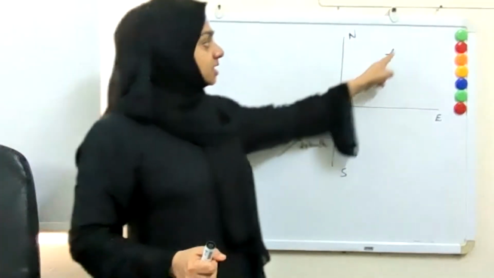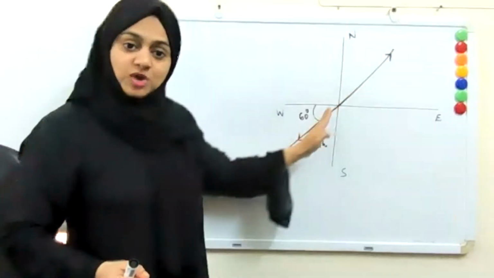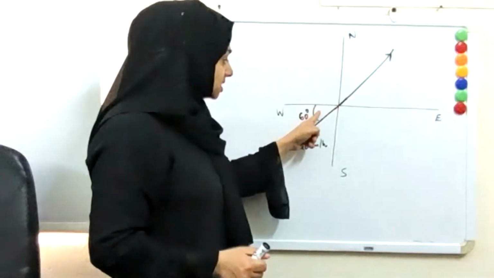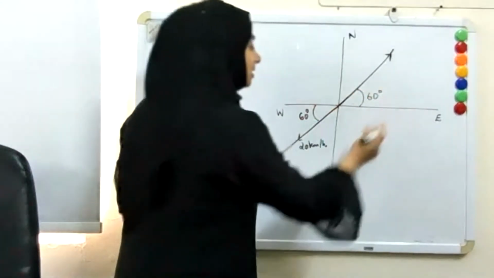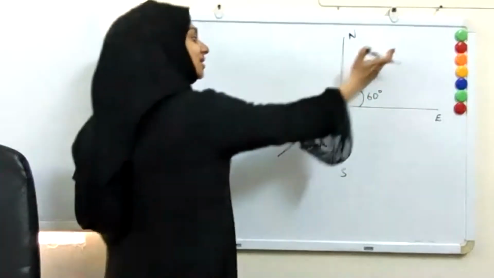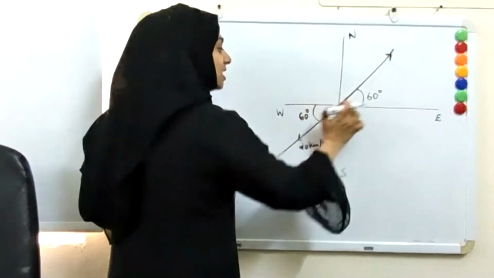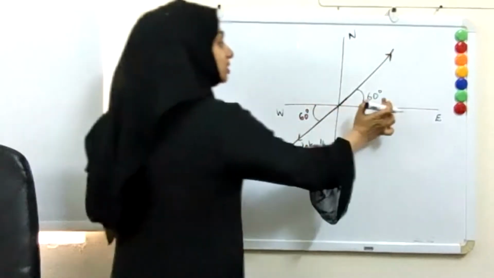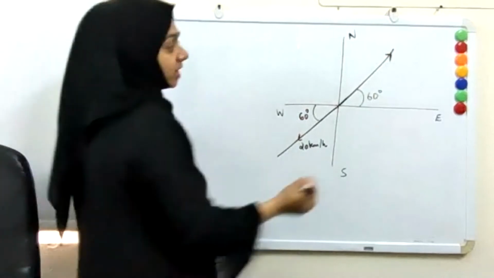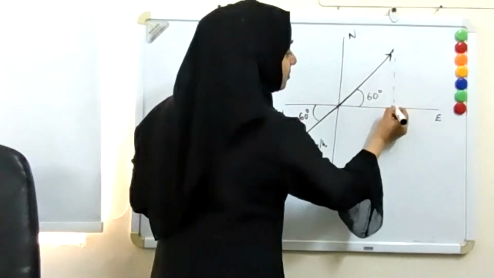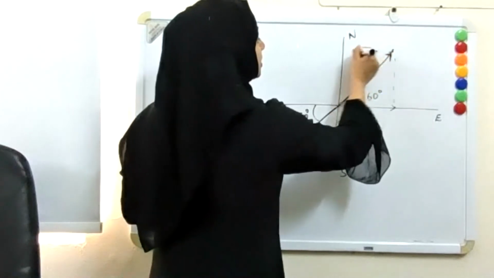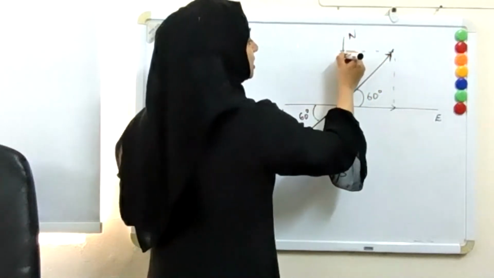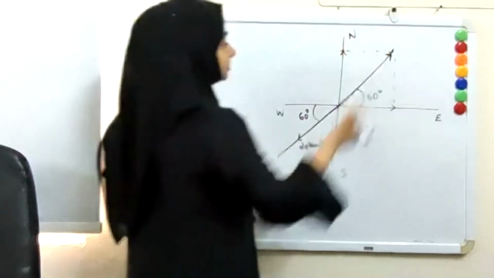When I try to take it in the northeast direction, this is one line, right? So this angle and this angle will be equal because they are alternate interior angles. So this angle will be 60. Now we find the component of the wind along the east direction and component of wind along the north direction.